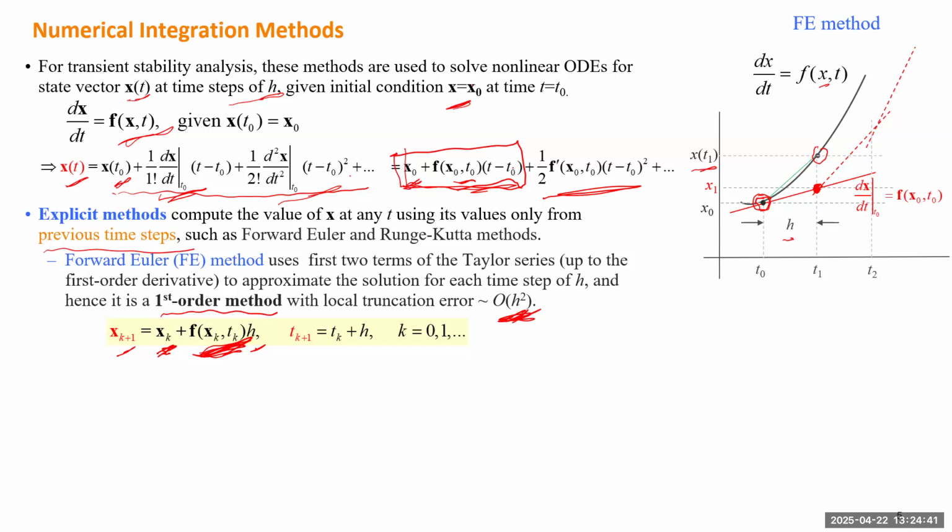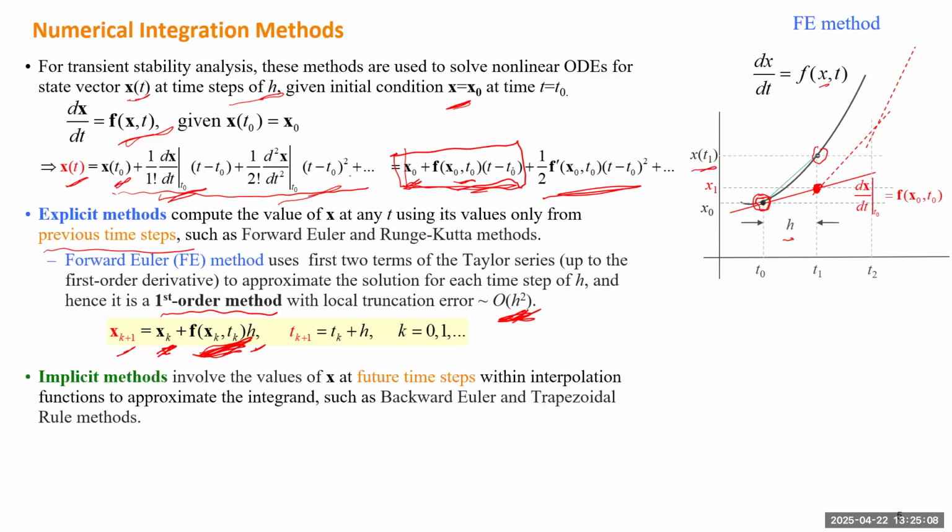If you continue this process, eventually you will have piecewise linear lines to approximate that curve. If the time interval is very small, that piecewise linear curve will be very close to the accurate curve. But if h is large, finally the simulation can diverge from the true solution. This is called the forward Euler method, a first order method.